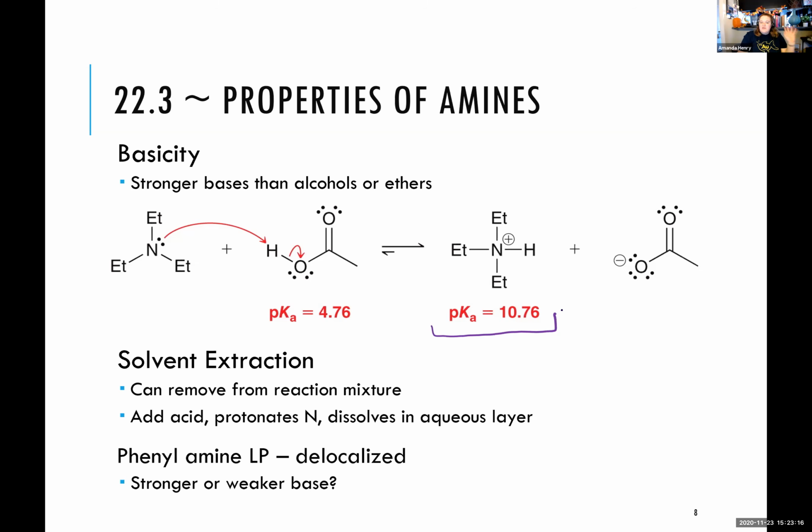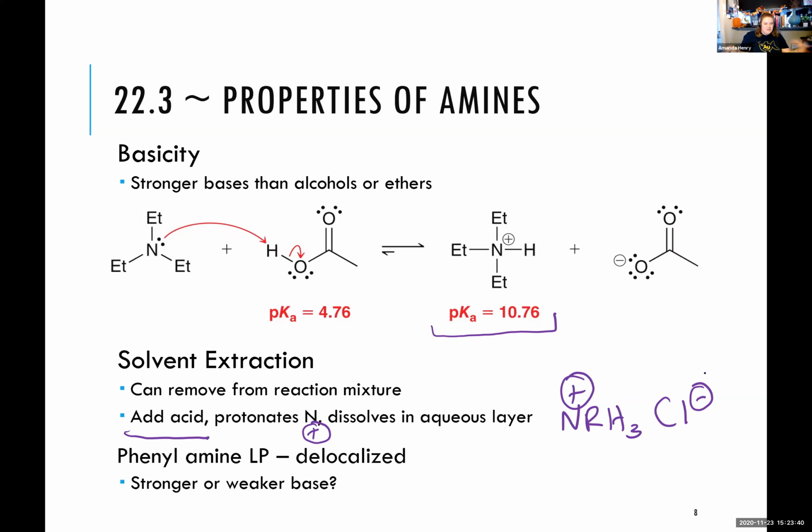This also makes them very easy to work with in the lab, because if we have excess amine in our solution, we can do an acid wash. It makes our nitrogen now have a positive charge. So if we did an HCl wash, it has a chlorine.